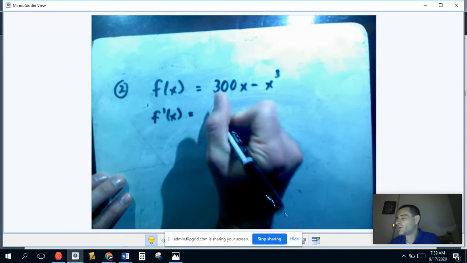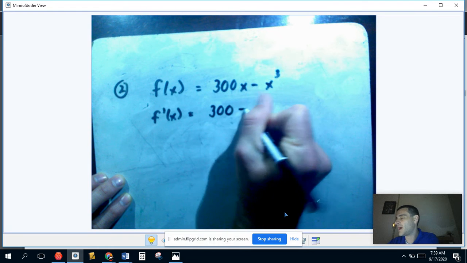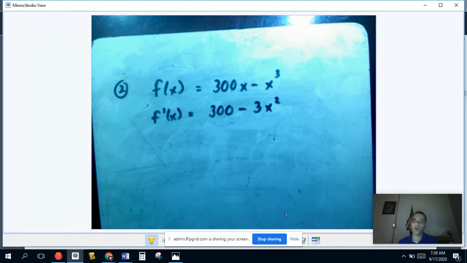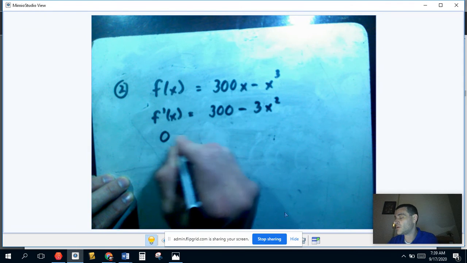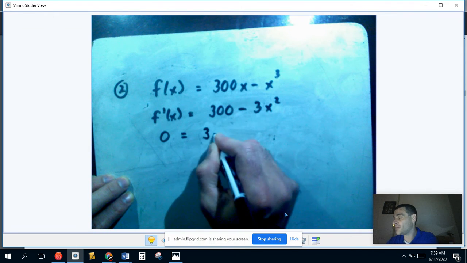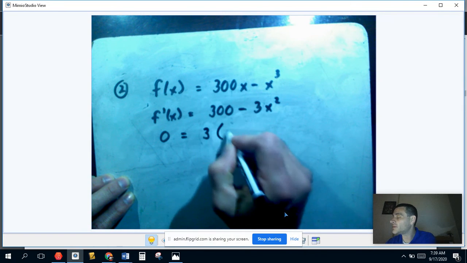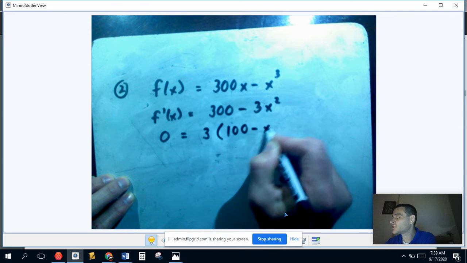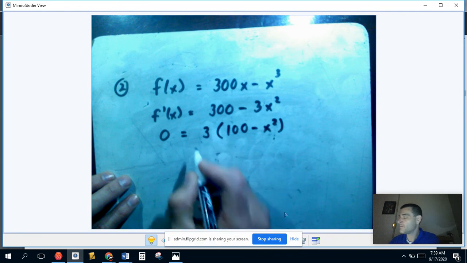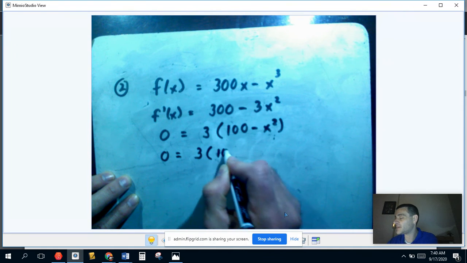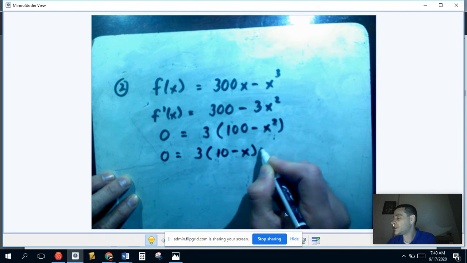Pretty simple here, 300 minus 3x squared. To know when the first derivative is positive, we first need to figure out when the first derivative is 0. So I'm going to change this to 0 and use a little bit of algebra here. I'm going to factor out a 3. That leaves 100 minus x squared. I'm then going to factor what's in parentheses: 10 minus x and 10 plus x.